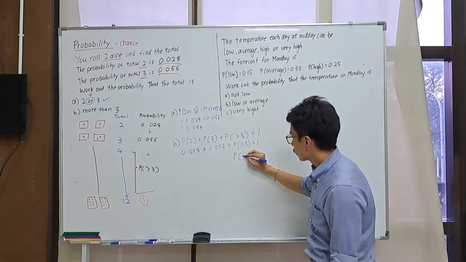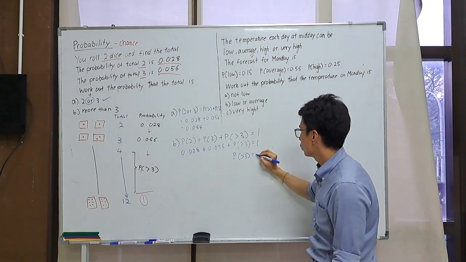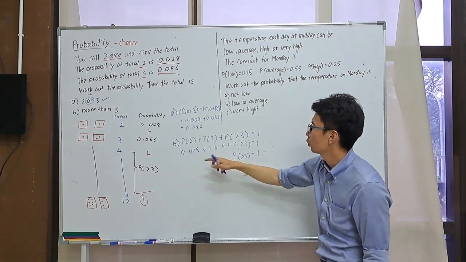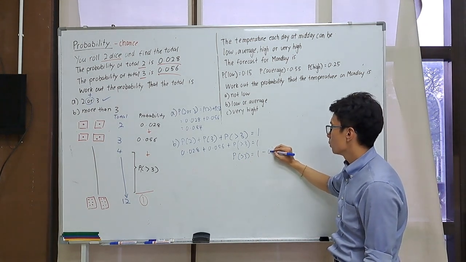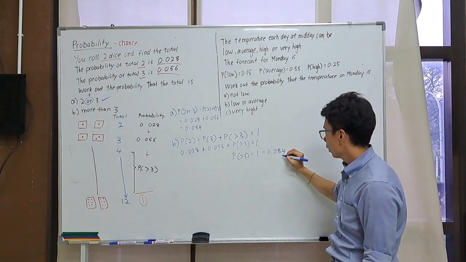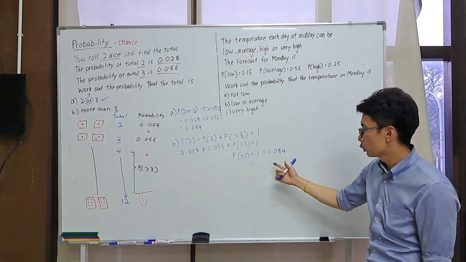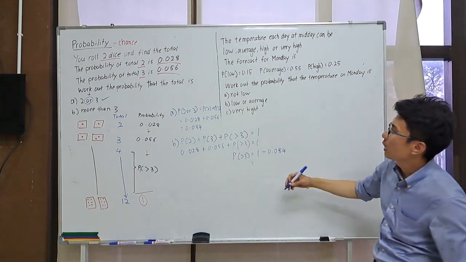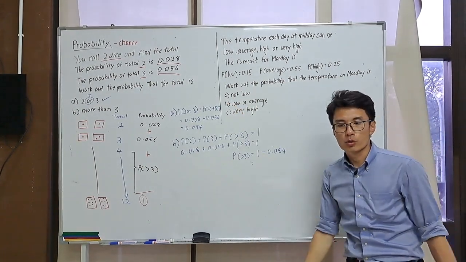So P, which is more than 3, is going to equal to 1 minus this off. Well, we already calculated what's the total over here. So that is going to be 0.084. And then all you need is to subtract that and you will get your final answer. Okay? So that is how we do for this question over here.